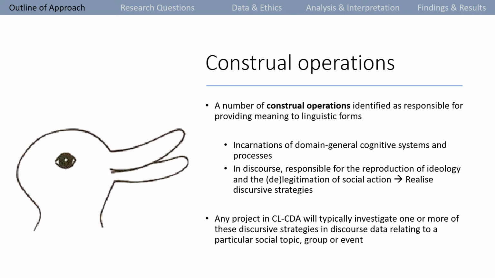These are incarnations of domain-general cognitive systems and processes, but in discourse they're responsible for the reproduction of ideology and the legitimation or delegitimation of social action. That is to say, they realize ideological discursive strategies. Any project in cognitive linguistic CDA will typically investigate one or more of these discursive strategies in discourse data relating to a particular social topic, group, or event.